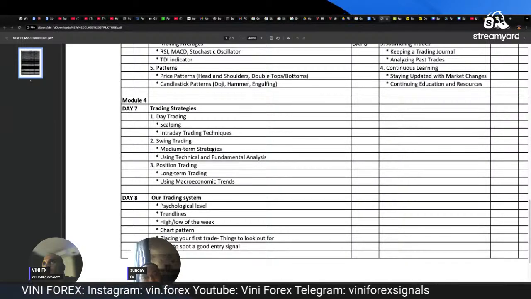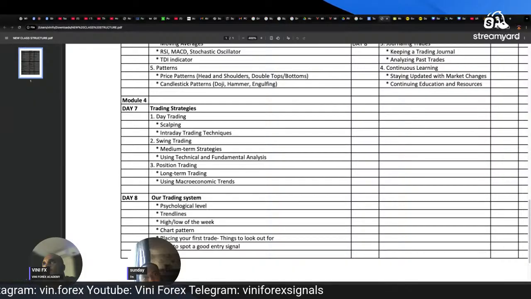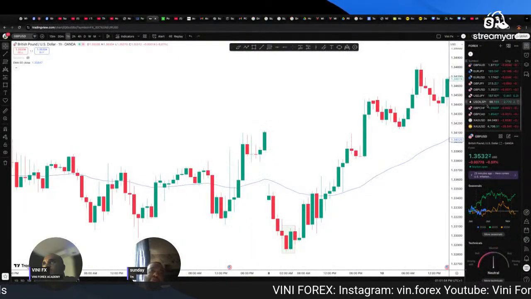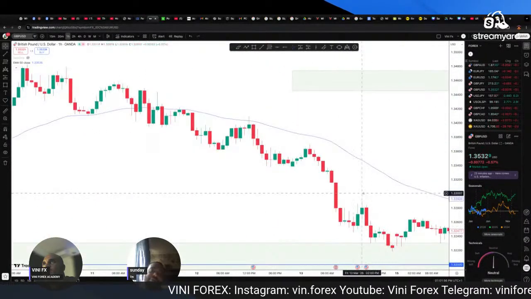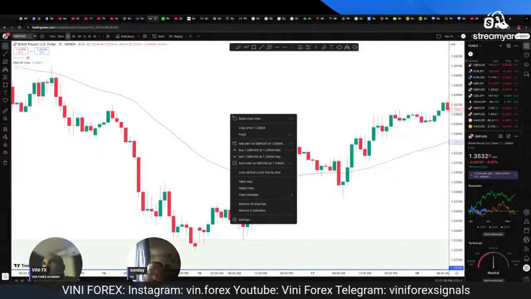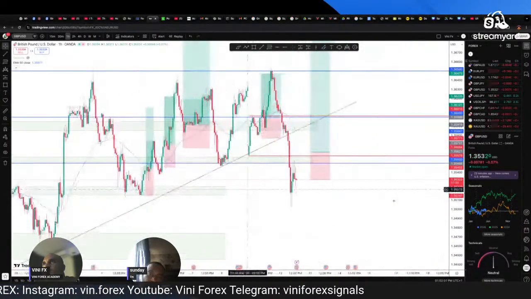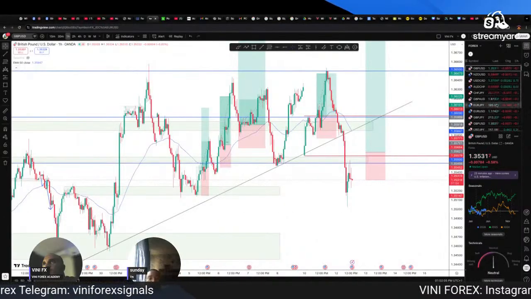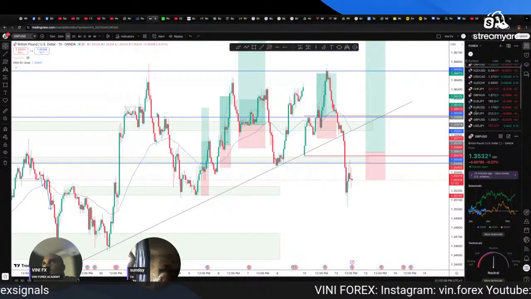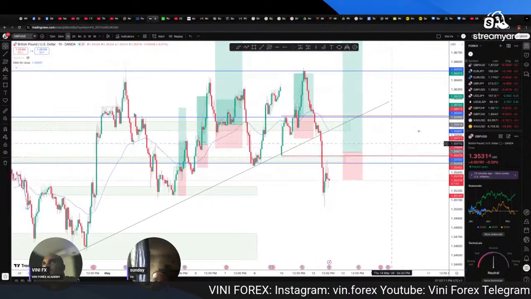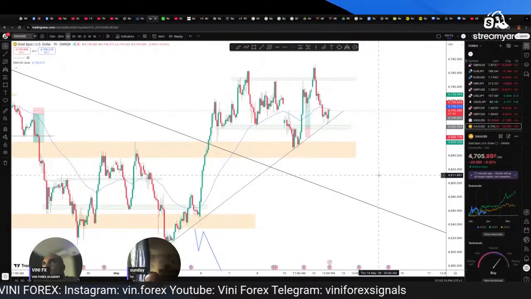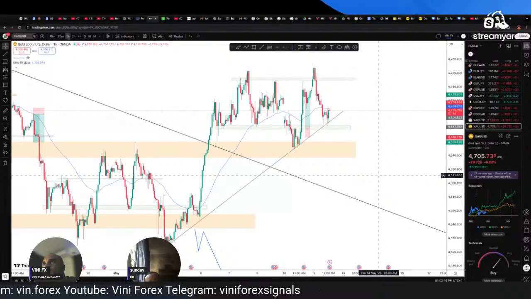So let's start from day trading and then scalping. Day trading simply means traders who open positions in the market and close them within the same day.